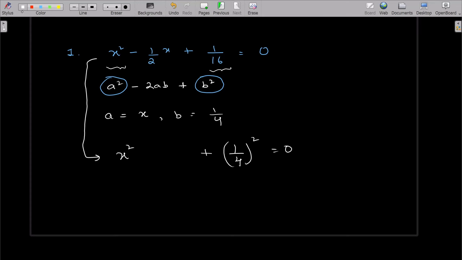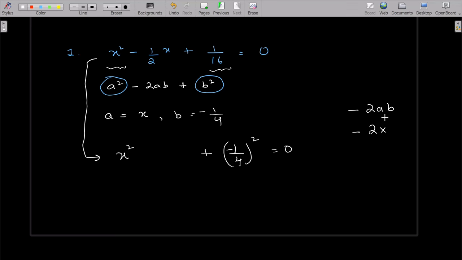So in order to check the second term, just check, if you do minus 2ab, then are you getting negative 1 half x? And actually in this case b is negative 1/4. Okay, so just check, are you getting this?